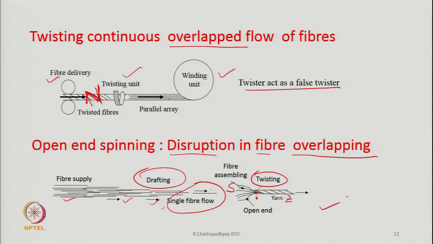The right hand side will get the desired twist in the desired direction. On the left hand side, the fiber ends, because they are free to rotate, will lose twist and will remain untwisted. This is the basic principle of open end spinning.